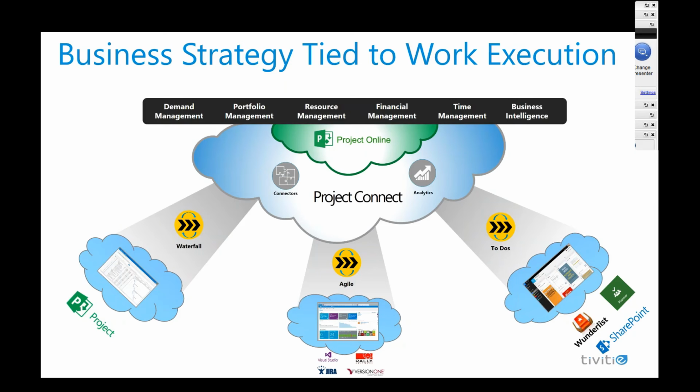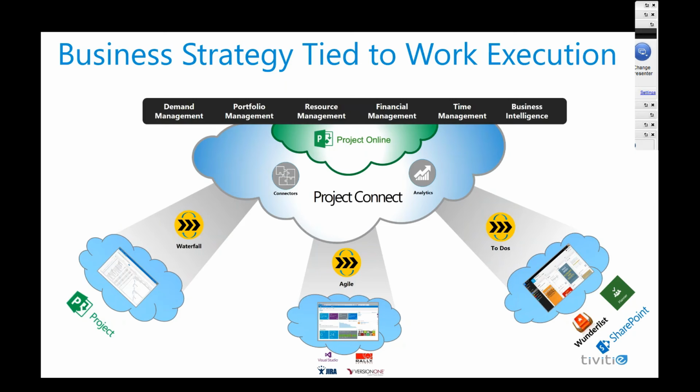And the examples we're using here today are Wunderlist, which is a web-based task management tool, and Office 365 Planner, which allows for more, say, Kanban card-based and simplified use of task management. We'll focus on that today.